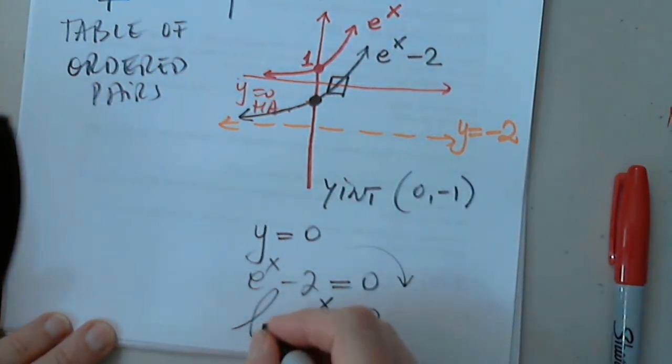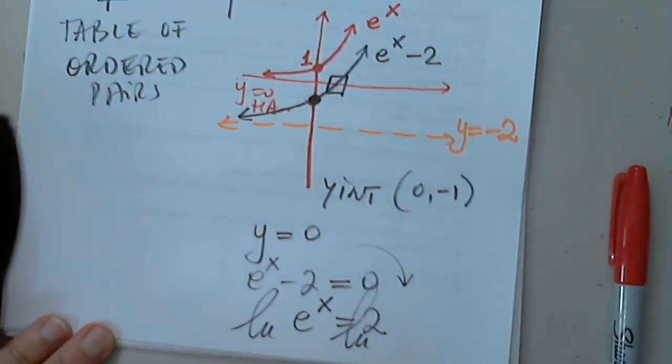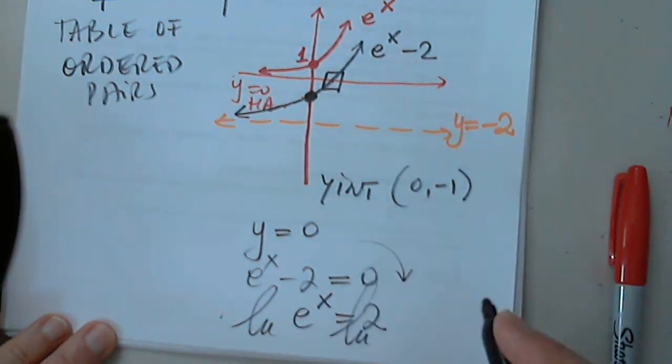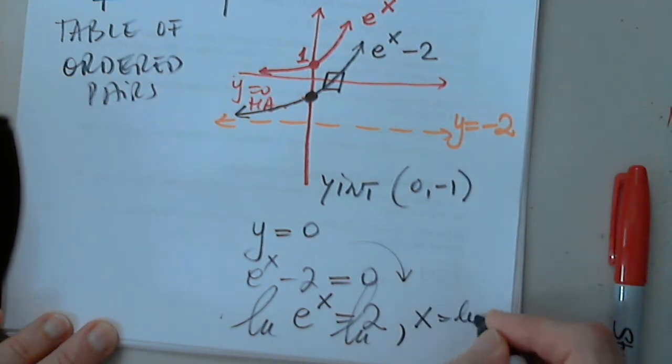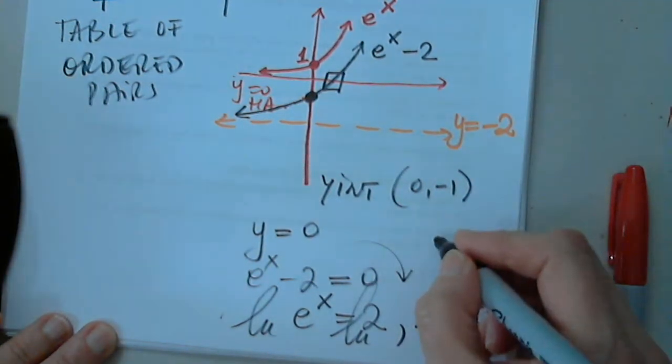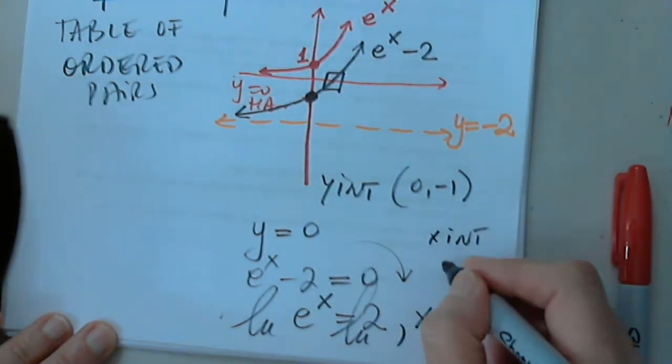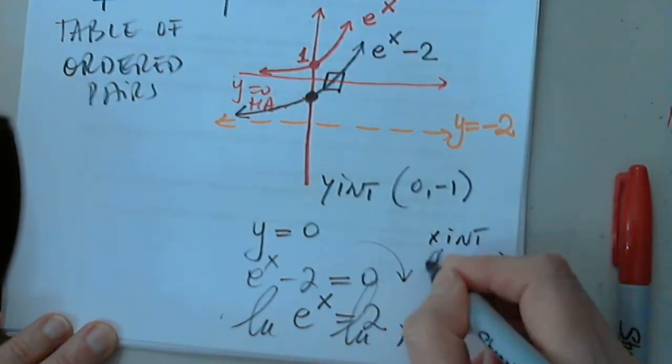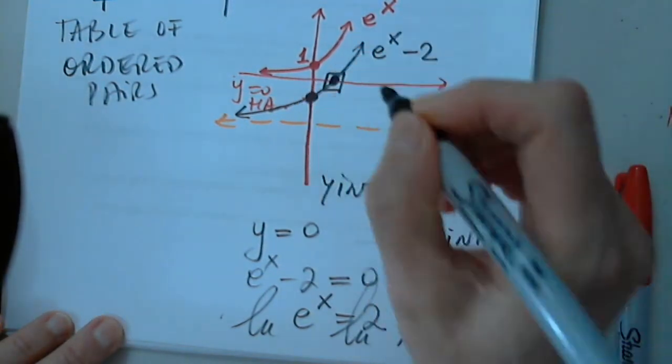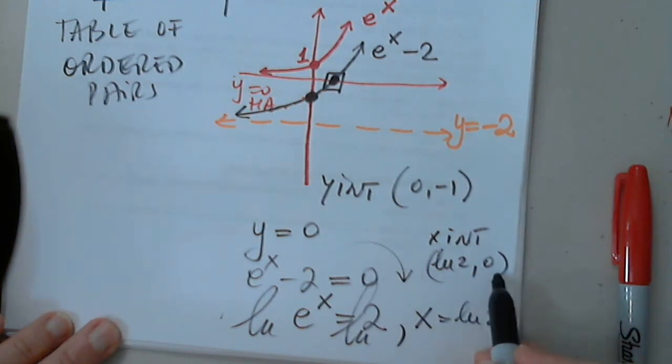I apply natural log to both sides. X goes in front and natural log e is 1. So x equals natural log 2. Now I can write the x-intercept is natural log 2, 0. This point here is natural log 2, 0.